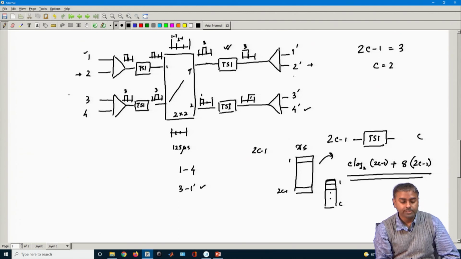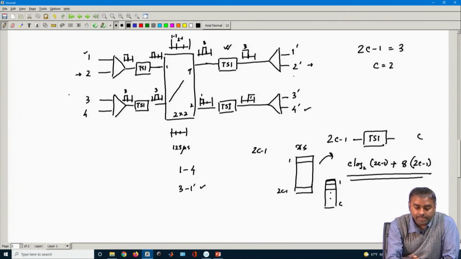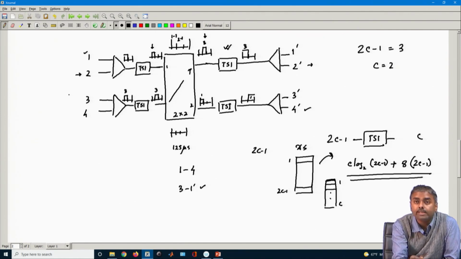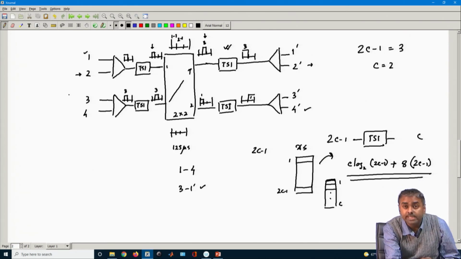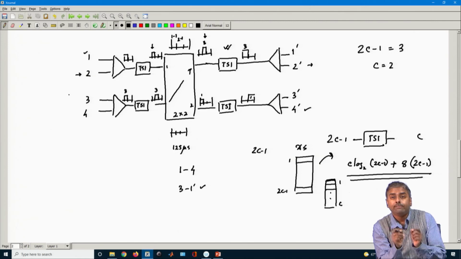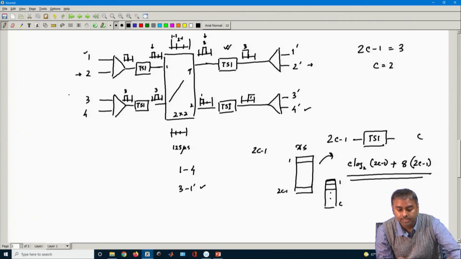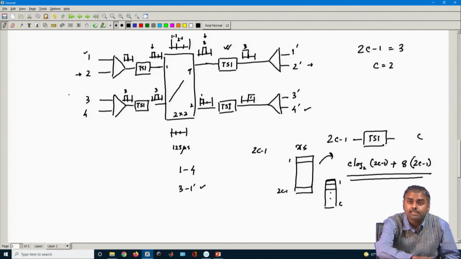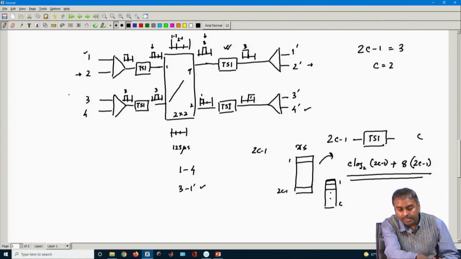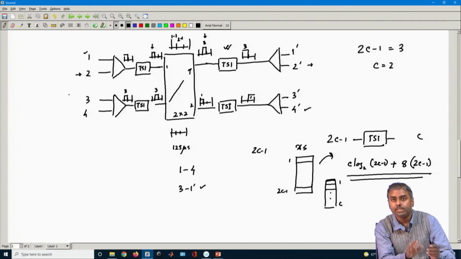Now, you can see it is very nice, because whatever I do, I have occupied the first slot, and at the output I have occupied the second slot, I still have the third one remaining. So, this was Clos' argument, that I am sharing only this middle stage. If there are C number of this one and C number of this one, in the worst case scenario, C minus 1 are coming from others, and all C minus 1 are connected to some others, which is happening over here.